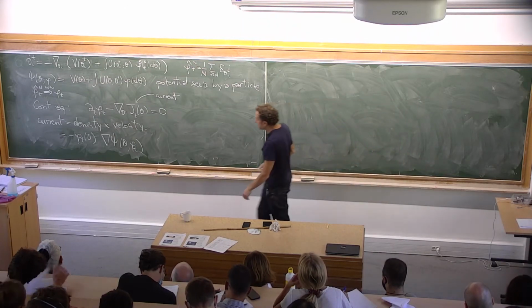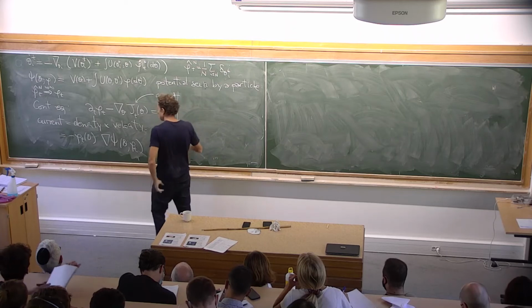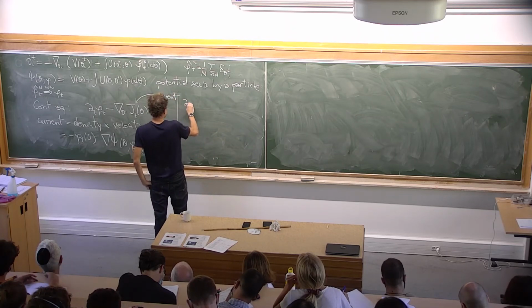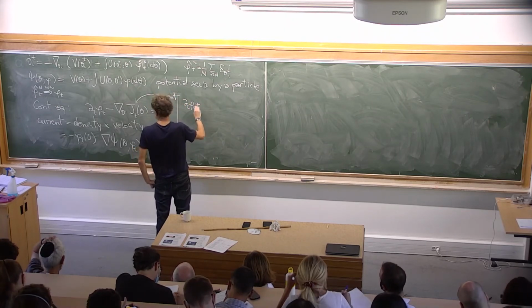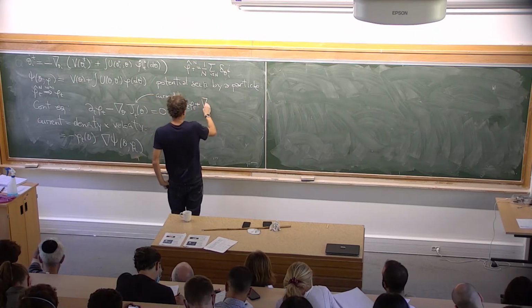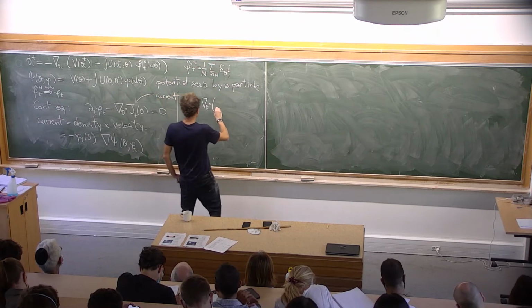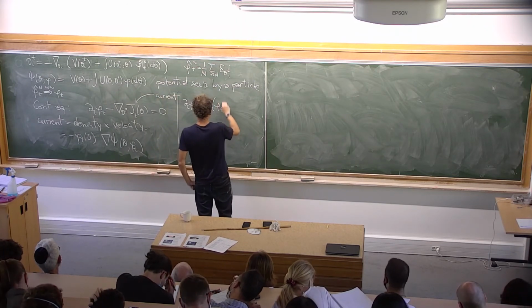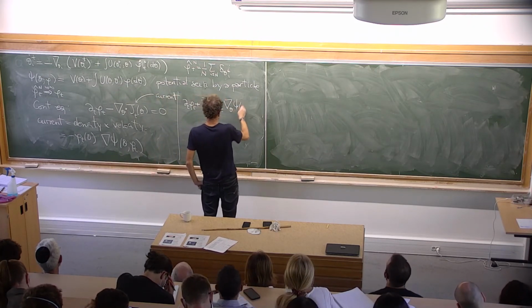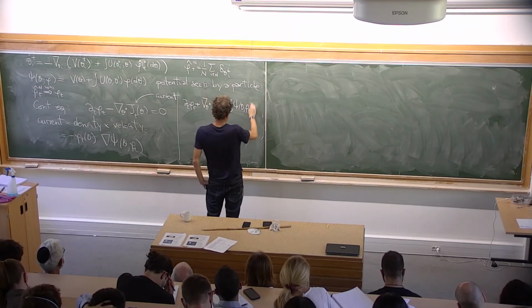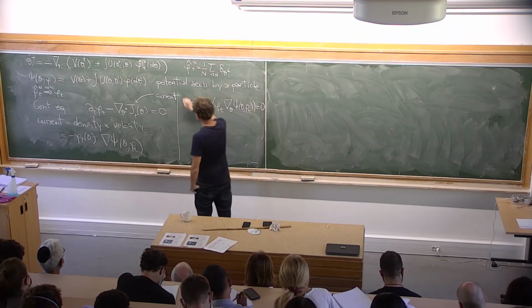And the PDE is, I'll write it here, dt rho t plus the divergence of rho t gradient of psi of theta, rho t, equals 0.